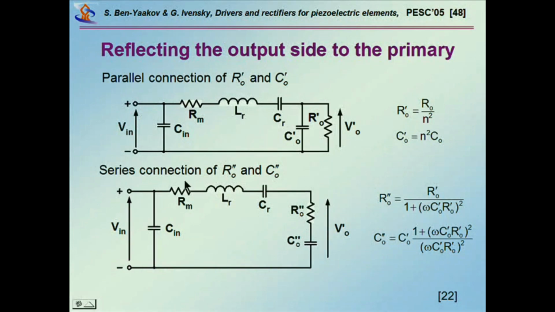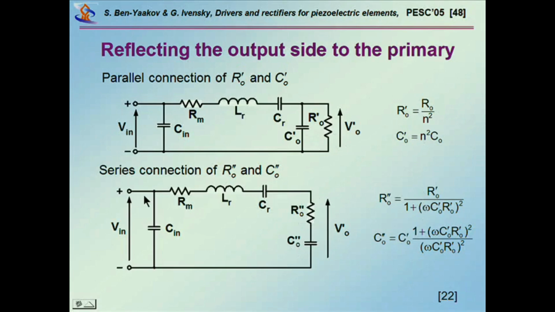Now, a common way to handle the transformer circuit in order to get, say, expressions like input to output voltages, would be to first of all reflect the load and output capacitor through the transformer to the primary, and then by some transformation, which is correct for one frequency, replace the parallel with the series representation.